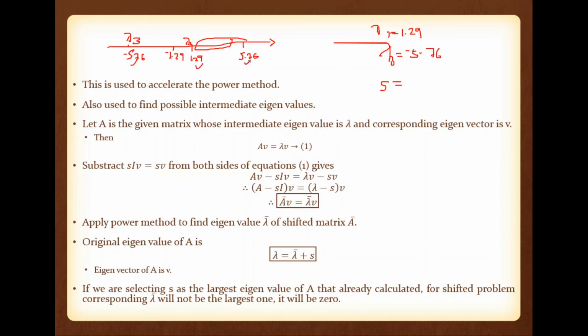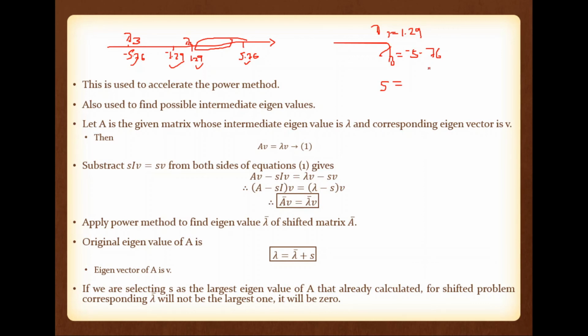Any one of these four will definitely work. We have only two eigenvalues, 1.29 and minus 5.76. Find their negatives also, so we have four values. First take minus 5.7, the actual largest value. If it is not working, take S is equal to 1.29. If it is not working, the negative of the first one, S is equal to 5.76. If that one is also not working, take S is equal to minus 1.29.